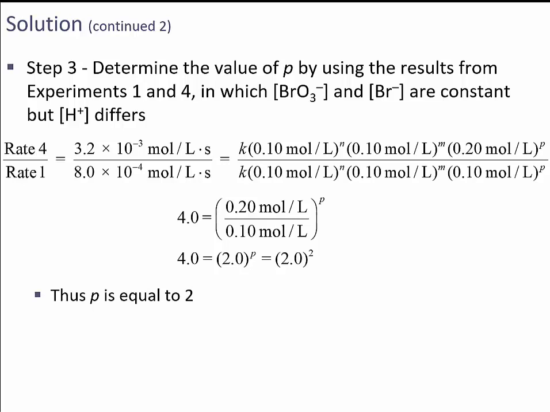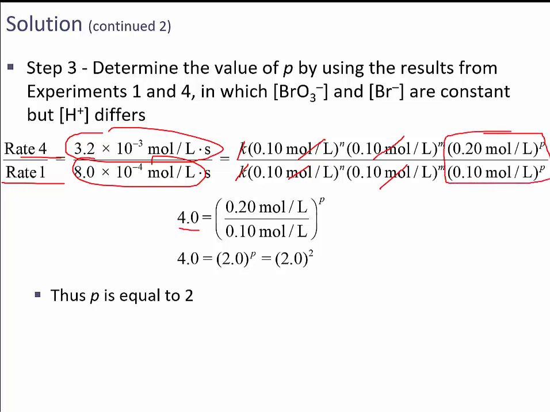So to determine the value of P, we're going to look at the results from experiments 1 and 4. So we're going to take our ratio of our rates from 1 and 4. We'll get 4x. Oh, I told you wrong in the beginning. So this is going to cancel out. These will cancel out. And here we're doubling the concentration of H+.